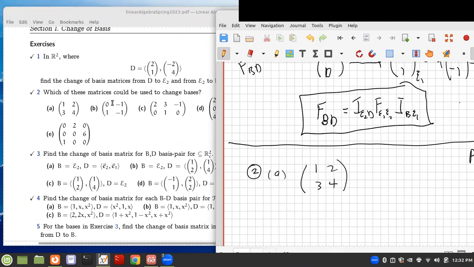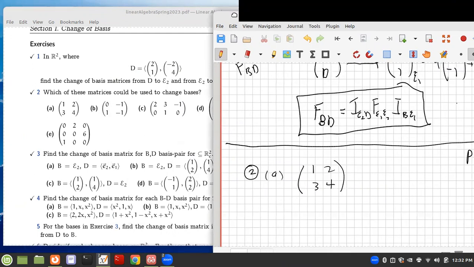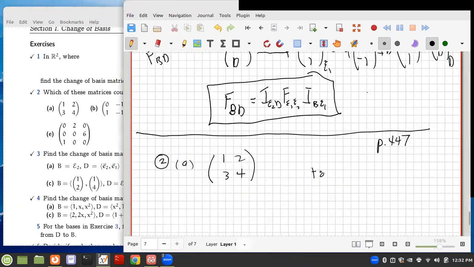Well, what does that question mean? A matrix to change bases means a representation of an identity map, right?